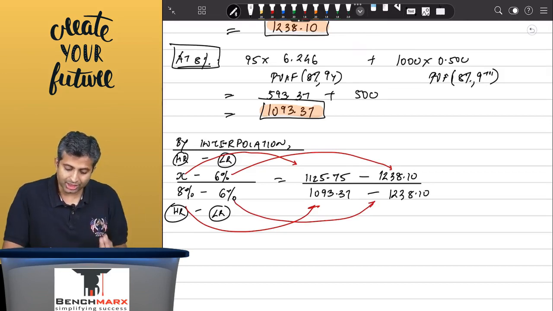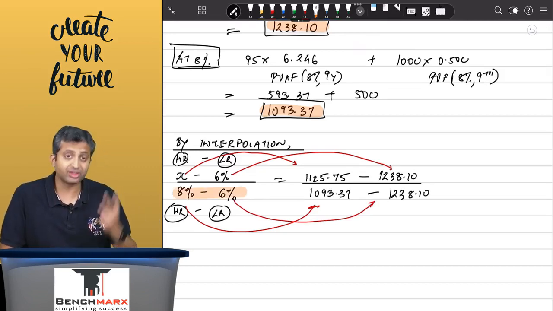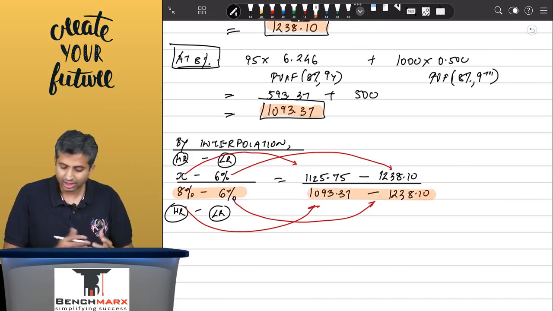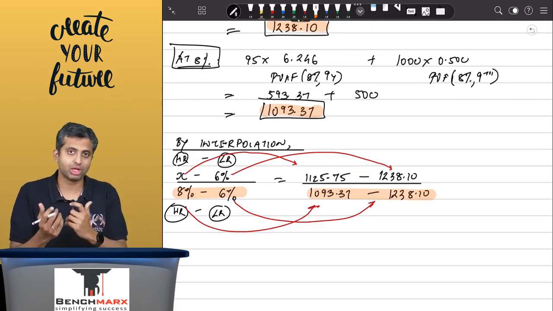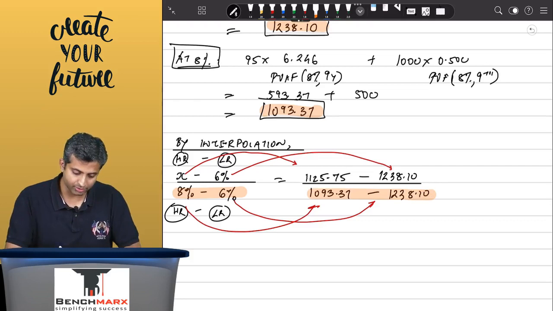What we are doing is, if the gap between 8 and 6 is 2%, the present value changes by this difference. Then if the gap is how much for you to get your final IRR? So we will see this over here.